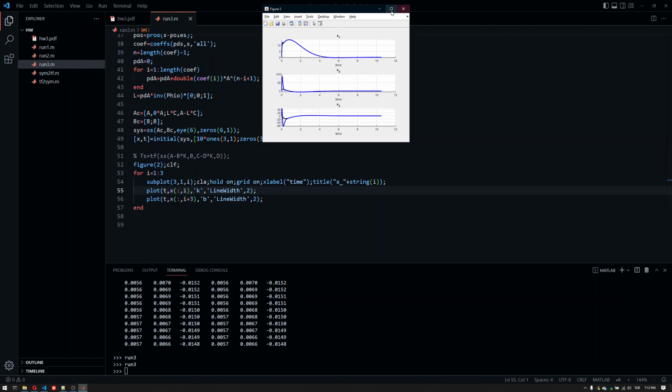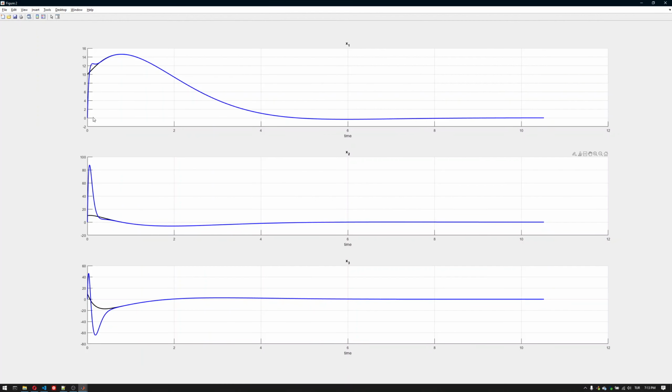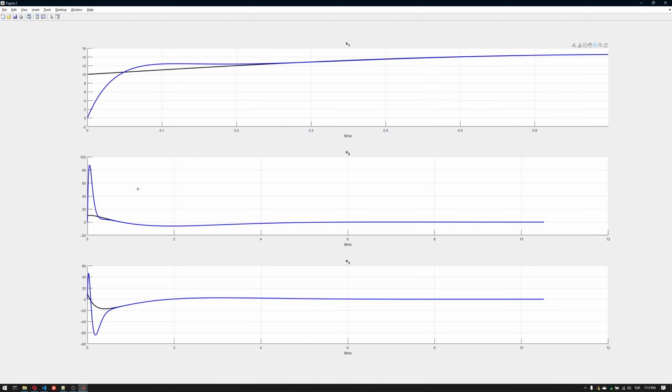So there we go. Now I have generated this, and the whole thing about the system is that we start at 0. You can see we have a certain time to adjust our states so that we match the states, but it takes some time. If I have a certain settling time in mind, I should take this into consideration.